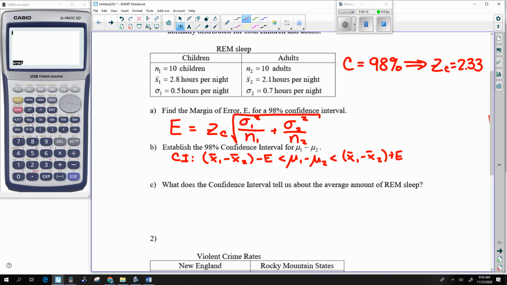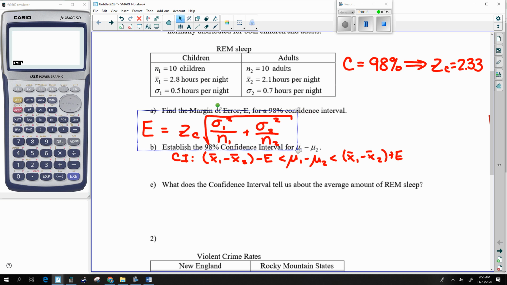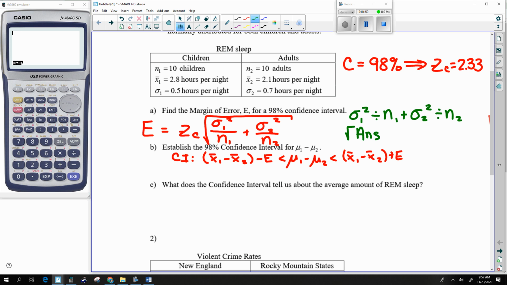This formula, I know it's kind of long and has a lot of bits to it, but it is pretty straightforward. What I do is I do the inside stuff all in one big formula. So I do sigma 1 squared divided by n1 plus sigma 2 squared divided by n2. Again, fill in the various numbers for those things. That will get you the inside. From there, you want to square root your answer, and then you need to multiply by the ZC.